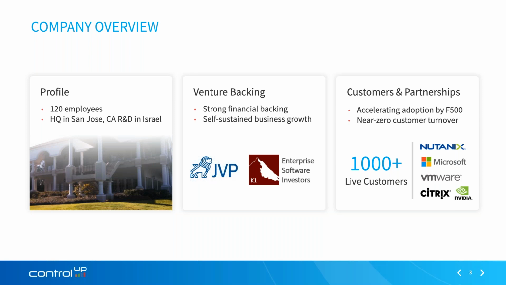We are seeing lots of new customers coming in on almost a weekly basis. The company itself is growing rapidly. We're almost 100 employees here in Israel, where we have the engineering and product divisions, and obviously the HQ is located in San Jose with some of the biz dev activity.